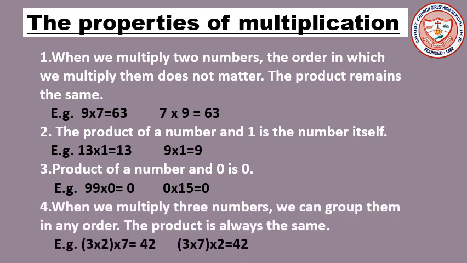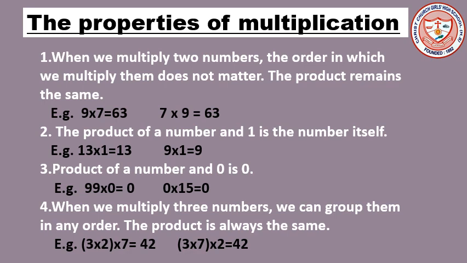Number 4. When we multiply 3 numbers, we can group them in any order. The product is always the same. Here you can see that we are going to multiply 3 numbers, and these 3 numbers are 3, 2 and 7.